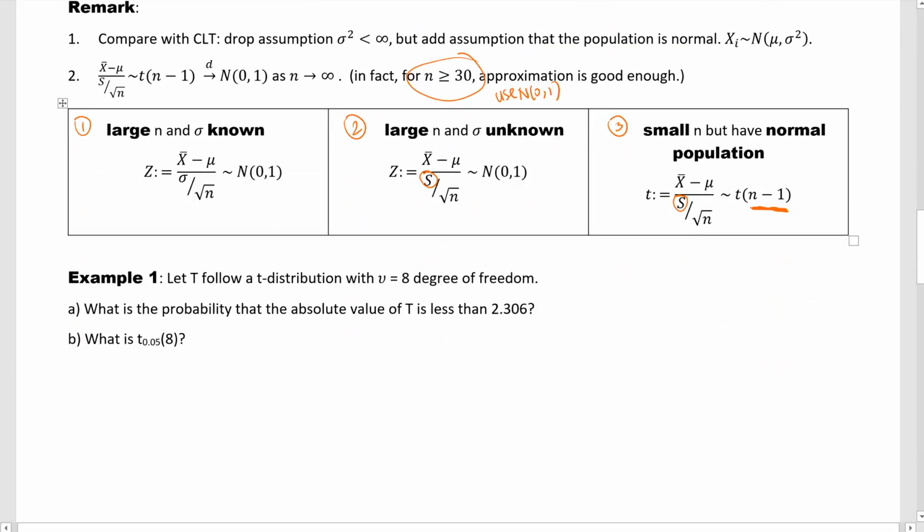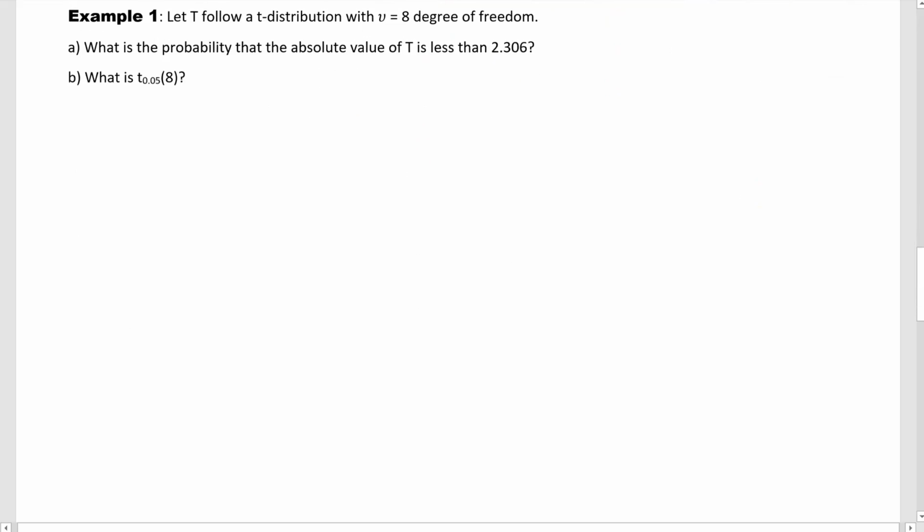Let's look at our examples. Example 1. Let T follow a t-distribution with nu, the degrees of freedom, equal to 8. Part A: what is the probability that the absolute value of T is less than 2.306? Let's do it.